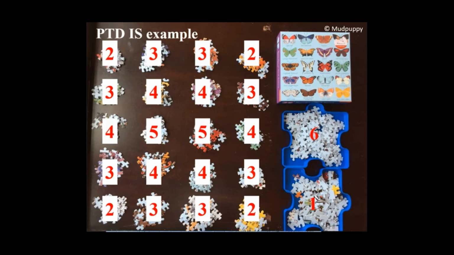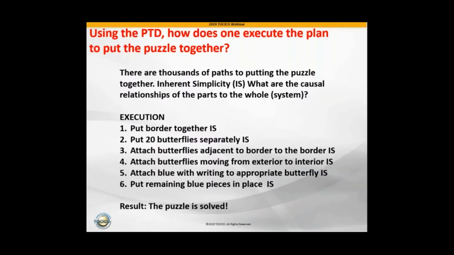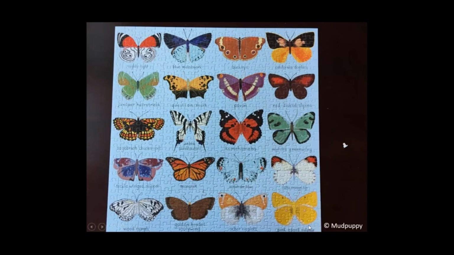And the 5s, at that point in time, I had 2 borders, so I put those together. And then the 6s I did last: I filled in all the areas around with blue and blue with writing. So that gives you an example of how I used those principles on what looked like a seemingly complex problem to develop and execute a solution.